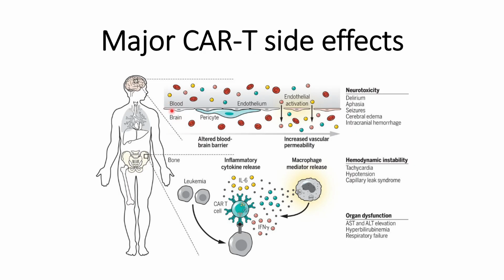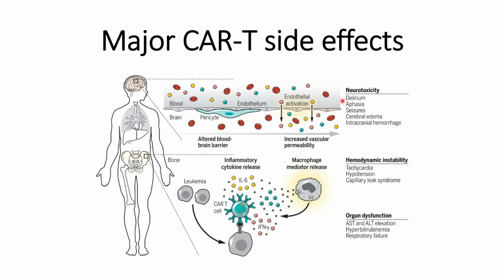After some time there is an altered blood brain barrier, as shown here, and because of that, this altered blood brain barrier will cause more transfer of the blood that contains the CAR-T cells into the brain, and this will cause some side effects or undesired reactions.